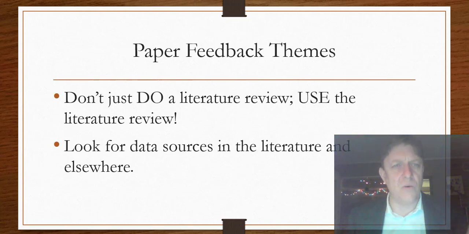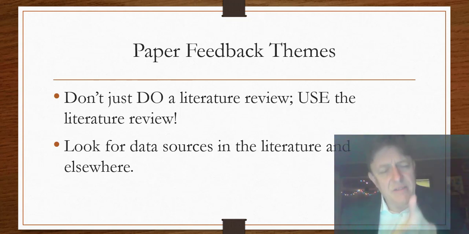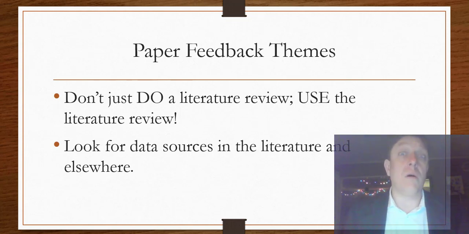I always start out with work that is not quite there myself, and I often need someone to review it for me and help me concentrate it, help me think through my line of thinking, or my strategy for analysis, or my strategy for collecting data. All that stuff sometimes needs to be worked out. So understand that this is a natural part of the process, but here are a couple of themes.